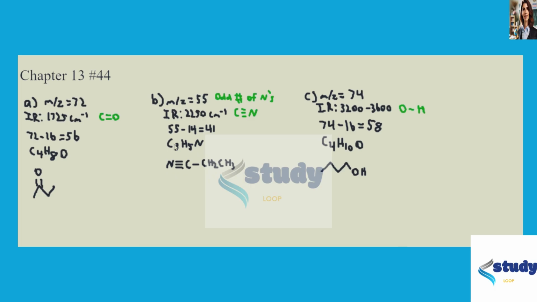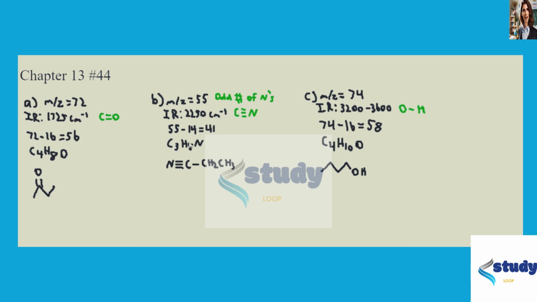By IR, we have a peak at 2250 wave numbers, and that is going to correspond to a carbon triple bonded to a nitrogen. So further confirmation that we have a nitrogen in this molecule. Then as we did for A, we'll take the whole mass and subtract the weight of 1 nitrogen. This leaves us with 41.